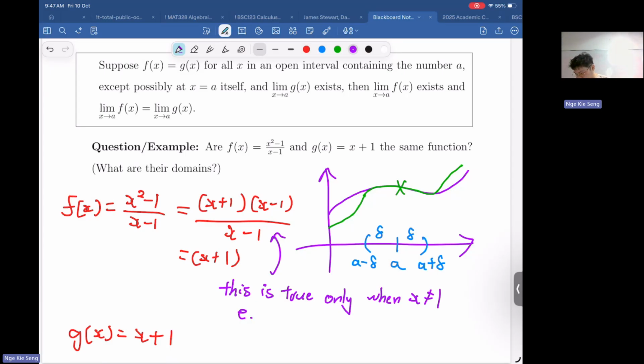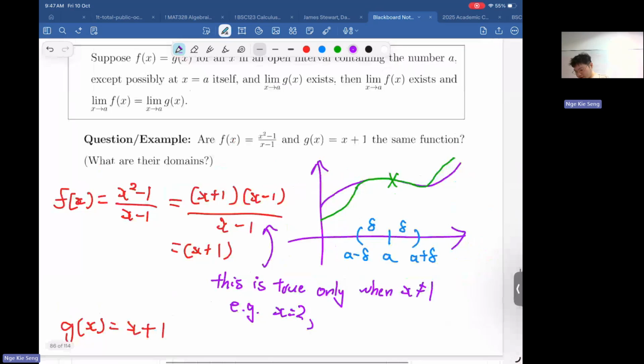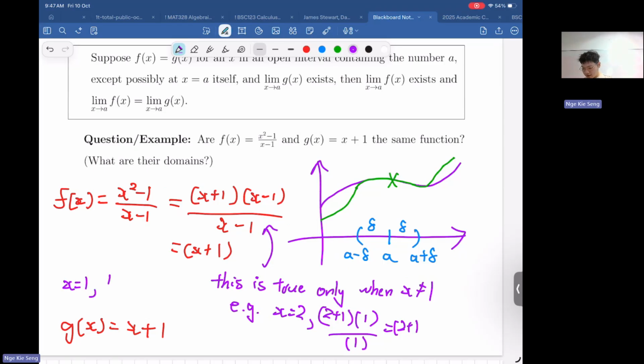For example, if x equals 2, you are really doing simplification, 2 plus 1 times 1 over 1, canceling out 1. This is fine. But when x equals 1, can you really cancel out 0 over 0? This is not defined. You cannot really simplify.